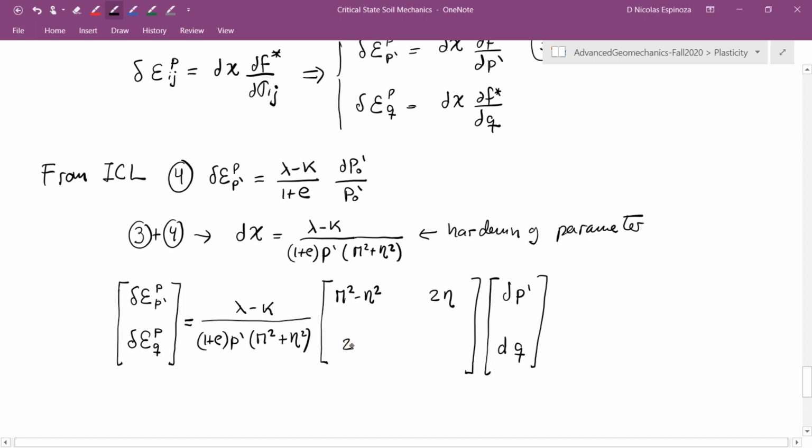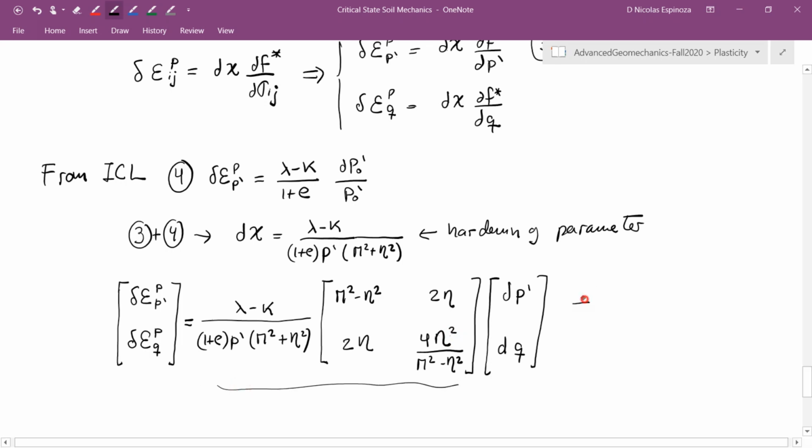And the deviatoric strain part is going to be similar. This matrix is also symmetric. And here I'm going to have 4 eta squared divided by m squared minus eta squared. Let me change this eta, I don't like that much. So this is eta squared. And this is our plastic matrix, all of this.